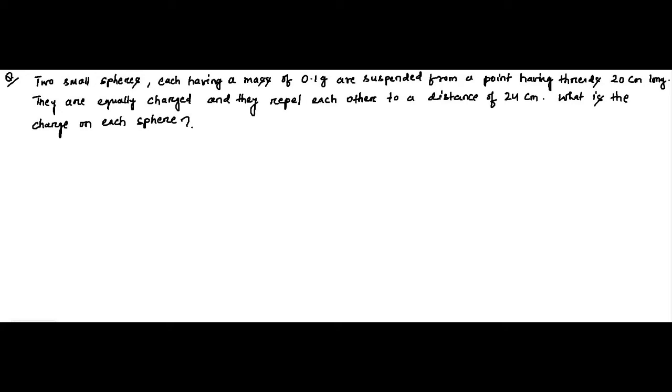They are equally charged and they repel each other to a distance of 24 centimeters. What is the charge on each sphere? So this is the data that we have.